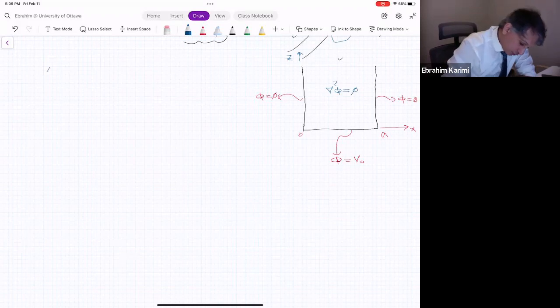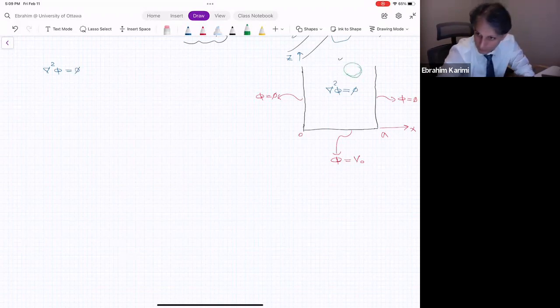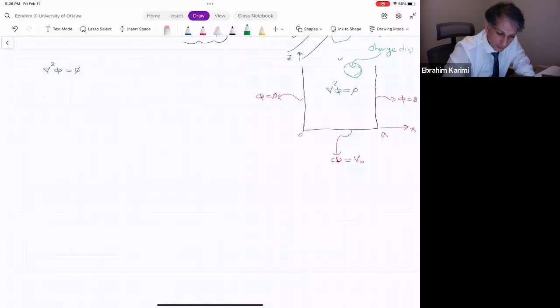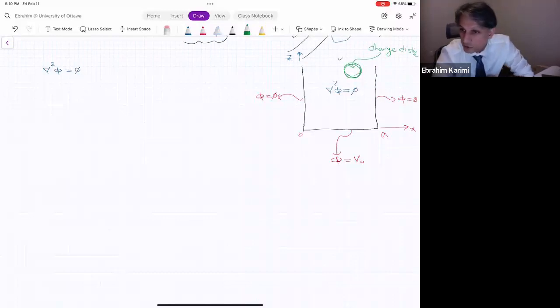So I have to solve Laplacian of phi equal to 0 for this specific geometry. Later on, if I take a circle here, for example, which has a certain charge distribution, the only thing that I need is to look for the Green function of that.